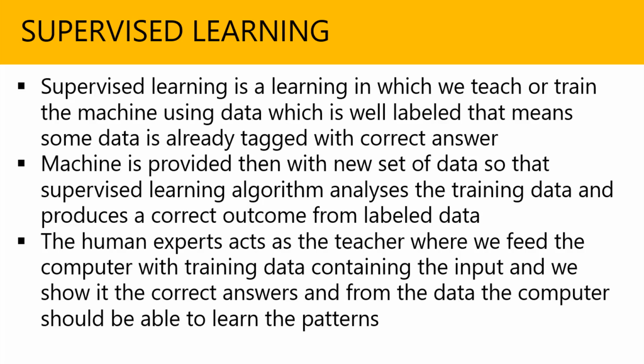So here the labeled data is fed into the algorithm, and then it's going to create the output or the prediction, right? We human experts simply act as a monitor. We feed the computer training data that contains the input, and we show it the correct answers, and from the data the computer should be able to learn the patterns, right?